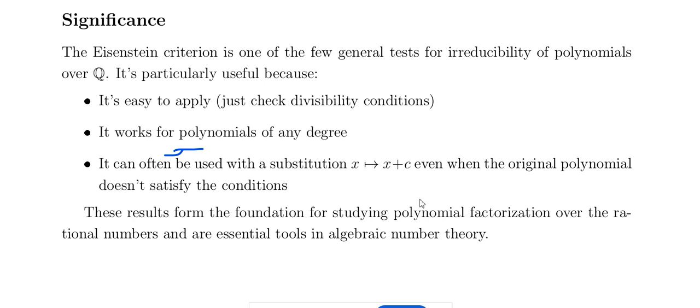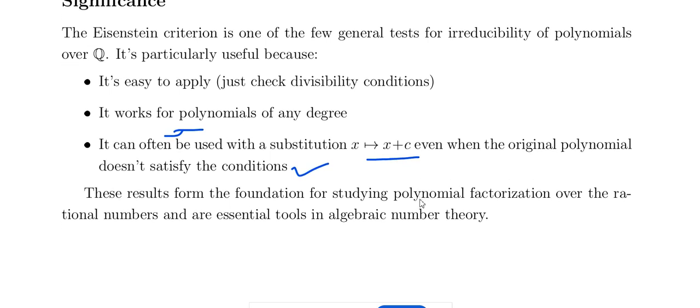If it doesn't satisfy the condition, we can apply it like that. So these results form the foundation for studying polynomial factorization over the rational coefficients and are an essential tool in algebraic number theory. This is that.